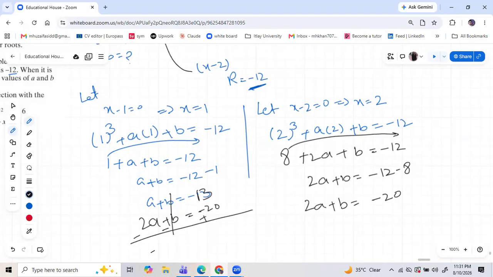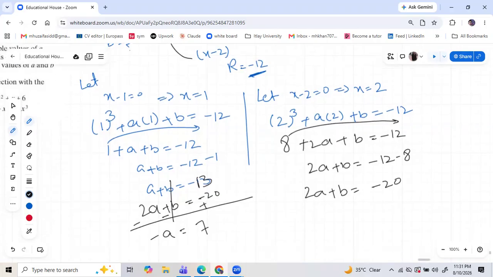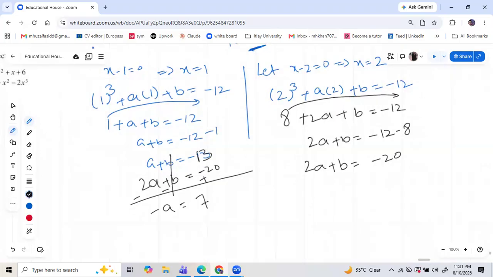And this is a is equal to 7. Can you got it? Yes. Okay, so can I write it like a is equal to, sorry, a is equal to minus 7, because here is the minus, so a is equal to minus 7.